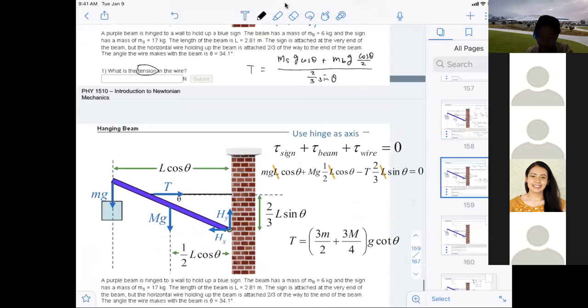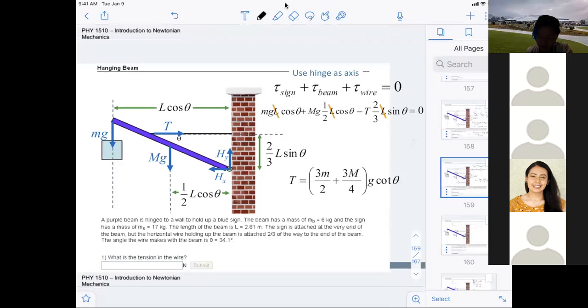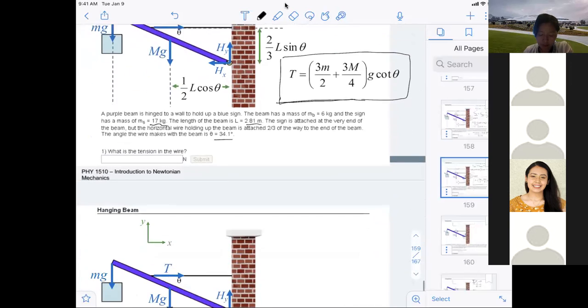So this is our tension. You can plug in the numbers at this point to get the number for the tension. So we realize it looks like using only the torque equation is enough to solve for the answer to the first question. So that's the first one.